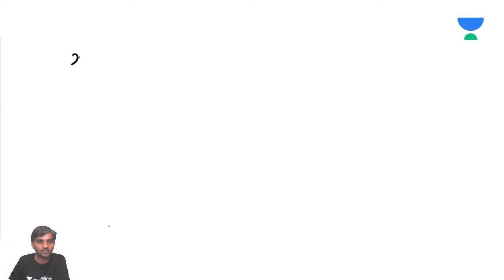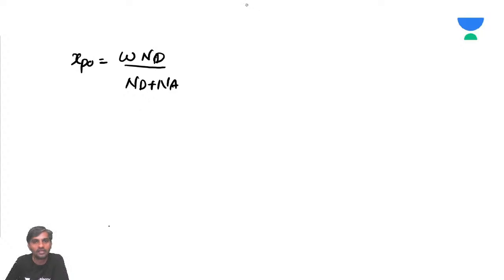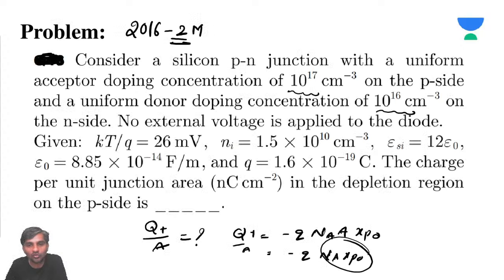What we know is XP naught is equal to W into ND by ND plus NA. Did he give any value of concentration in silicon? No external voltage is applied, he's saying.